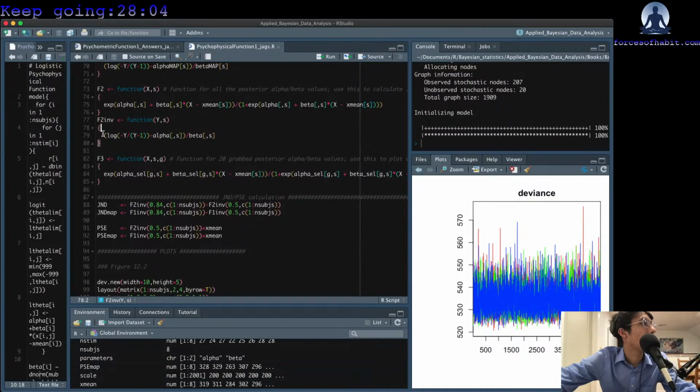Oh, I see. Negative y, negative y minus 1, minus the baseline. So we have the predicted probability of not choosing the option over 1 minus not choosing the option, choosing the option, and then the log, and then we remove the baseline and divide this whole value by the slope.